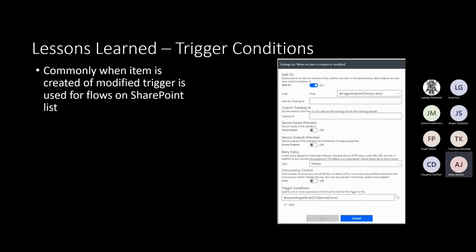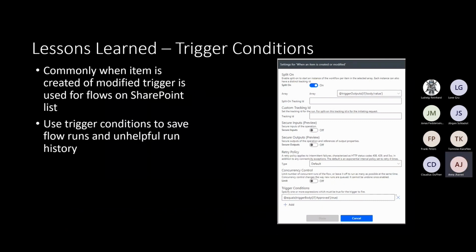For example, if you're using Microsoft 365 licenses for the users to run Power Automate flows, there are 2,000 runs available per day, and if you have thousands of items in your list and the list is very busy, users are updating it, it may reach 2,000 flow runs per day easily. In that case, you can use trigger conditions, so you only trigger your flow whenever it is required, and it does not trigger on every update of the item.